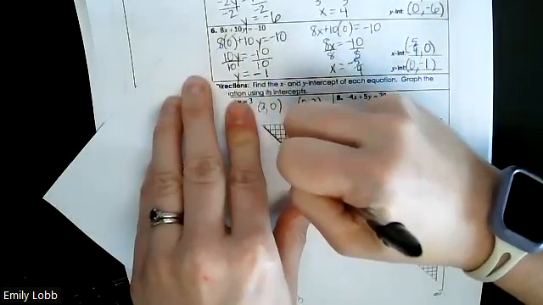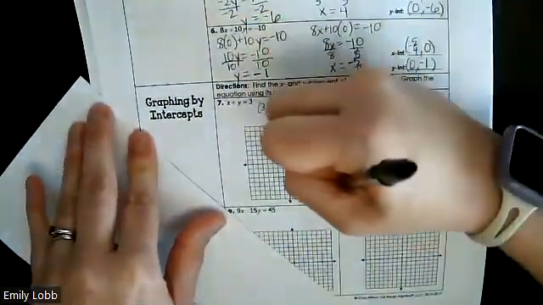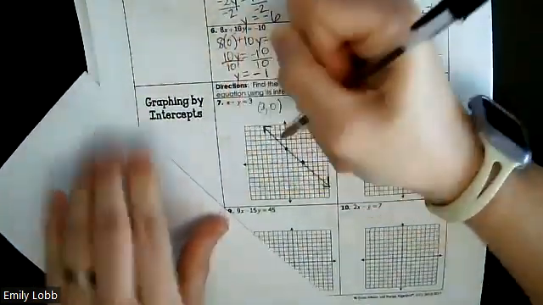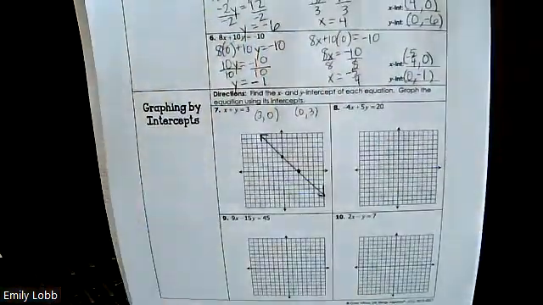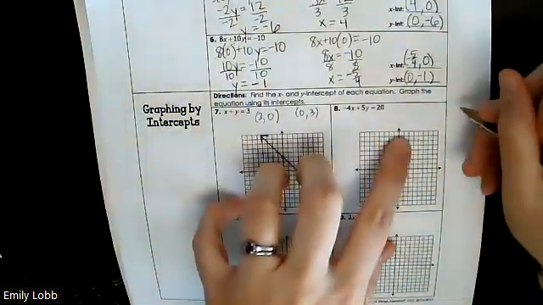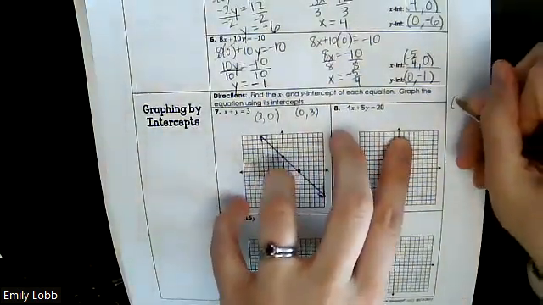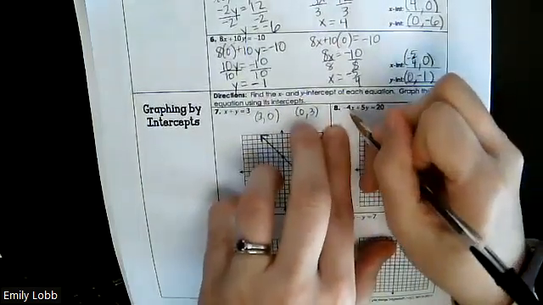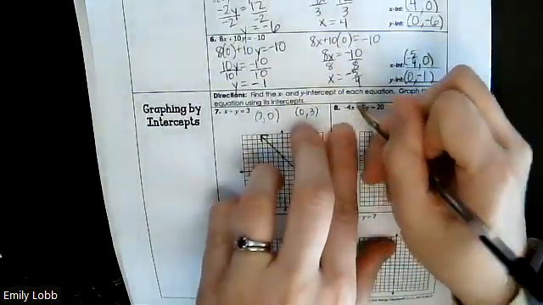Now they all won't be as easy as this one. But we're going to do exactly what we did for those first 6 to find them. So if we put in 0 for x, this goes away, right?